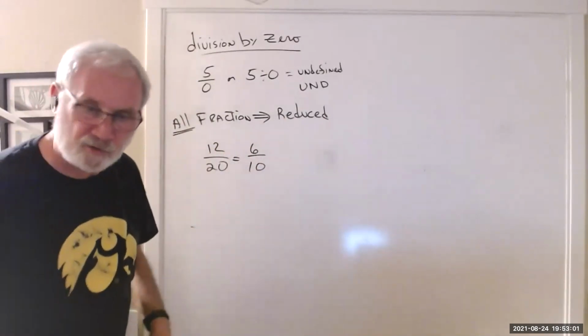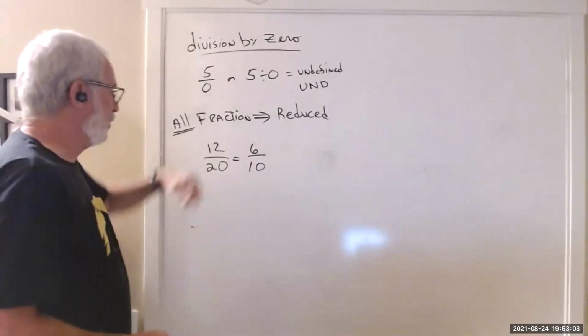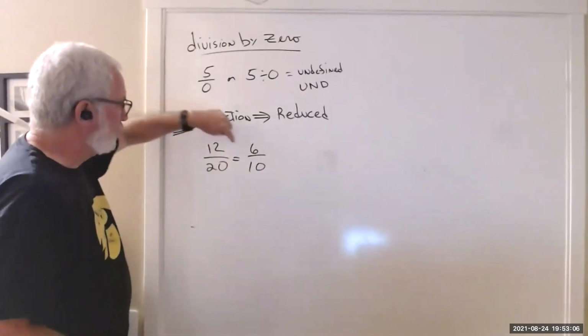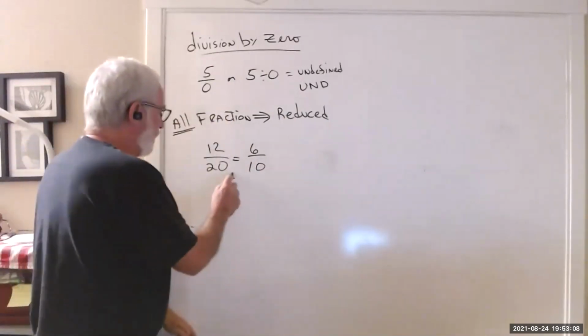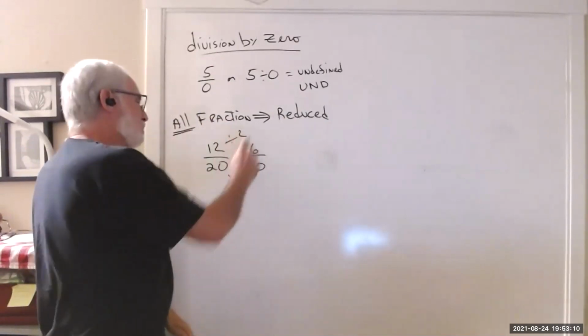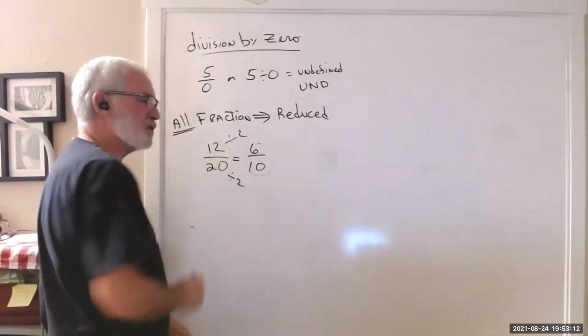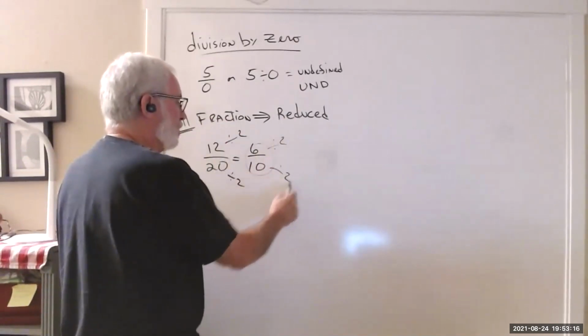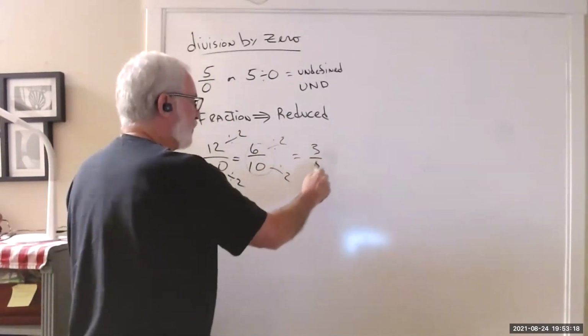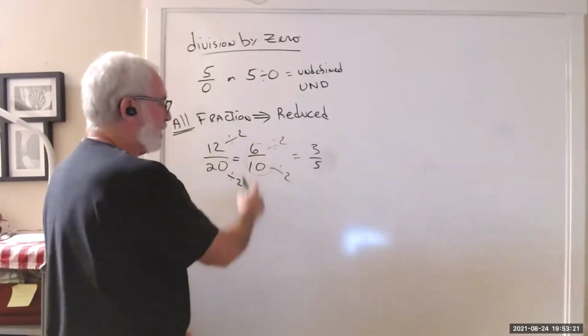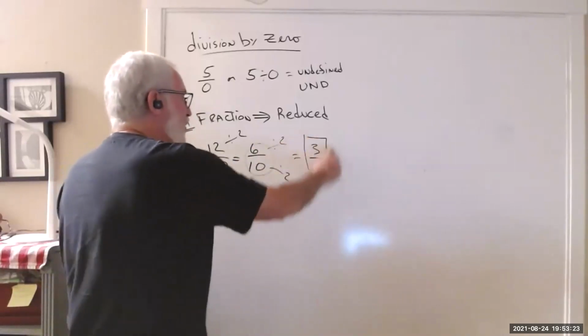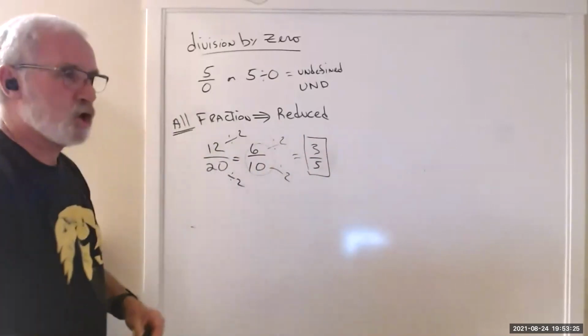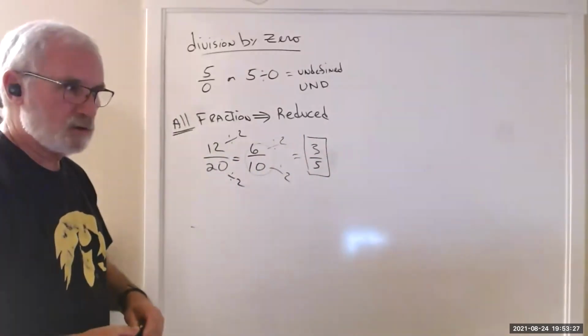I don't have colored pens here. I'm going to pick some up tomorrow. You can reduce it because you divide the top and bottom by 2, but you're not reduced enough. You can still divide top and bottom by 2 and get this down to 3 out of 5. 6 divided by 2 is 3, 10 divided by 2 is 5. This is the only correct answer.